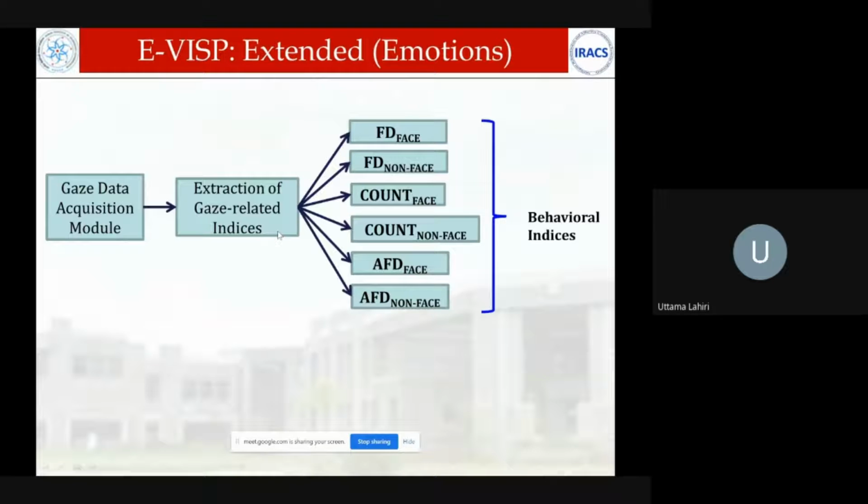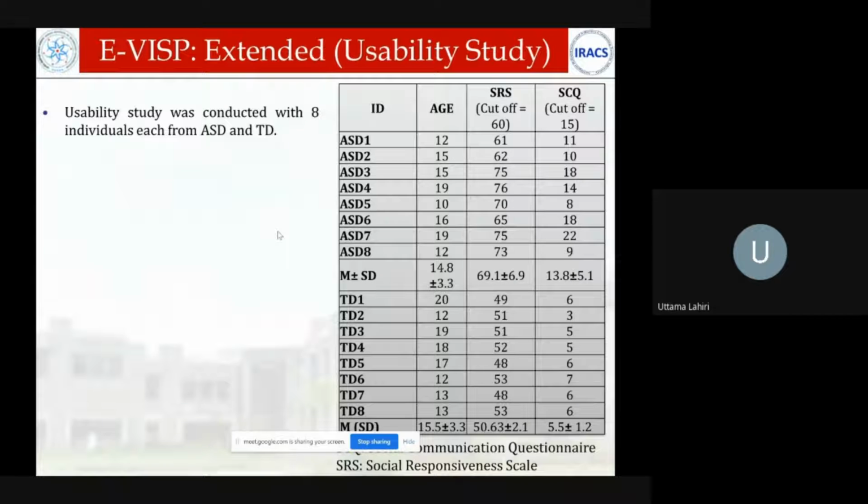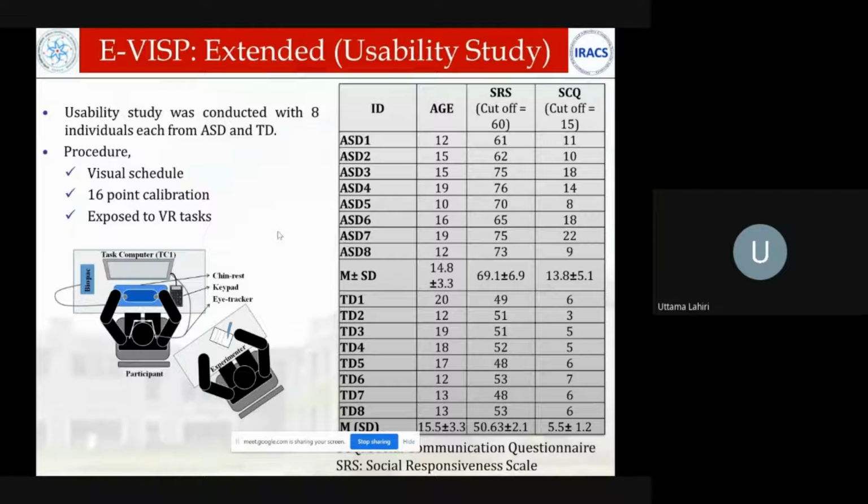Also the average fixation duration, that is the total fixation duration divided by the fixation counts, which can be grouped as behavioral indices. Now, 8 children with autism and 8 typically developing children took part in the study. We used standard procedures for conducting the study. And this was the experimental setup.